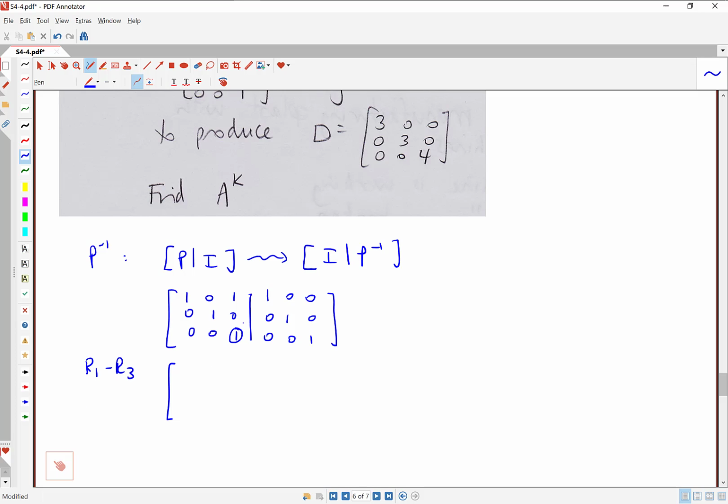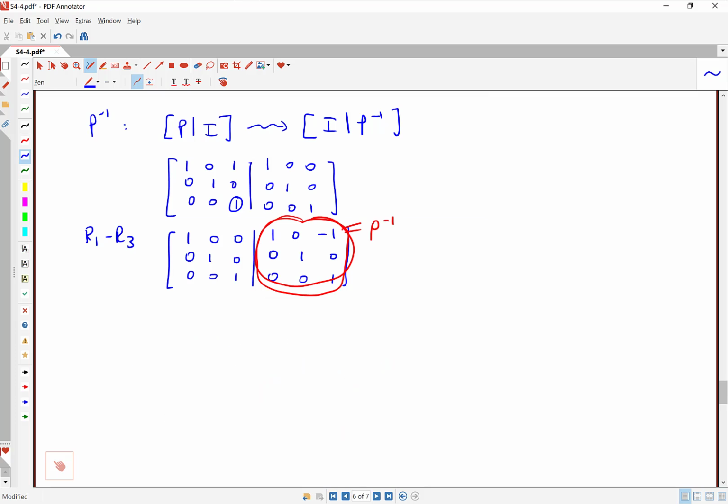So it's just that third column that has to be cleaned up. So in our top row, that's going to create 1, 0, negative 1 on the right side. So now that we've got the identity matrix on the left, we can say this guy here is P inverse. So that part's usually pretty quick.